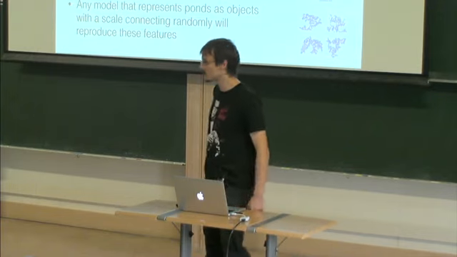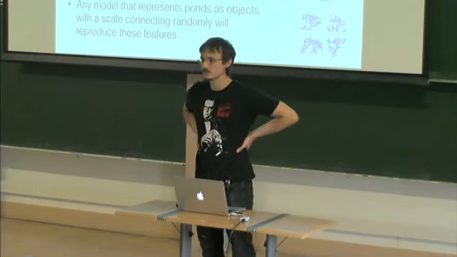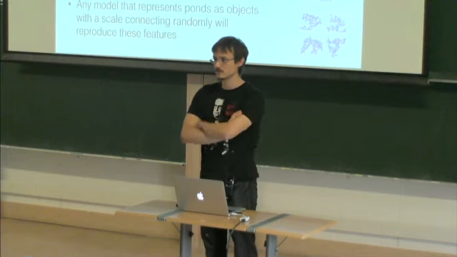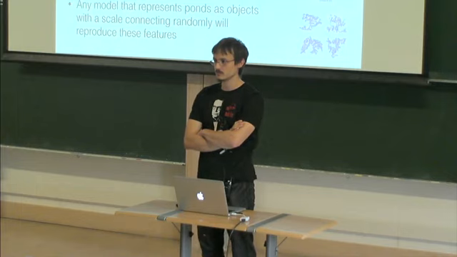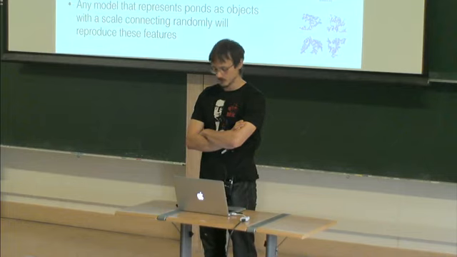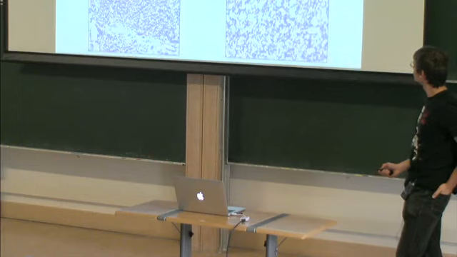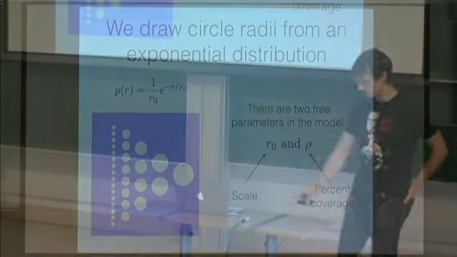Sorry, not me. Nick. Just in the model, the density is the density of ponds within the domain. That's just defined by the scale length. Say again? Can you go back to the equation, if you don't mind? So the density of the pond.